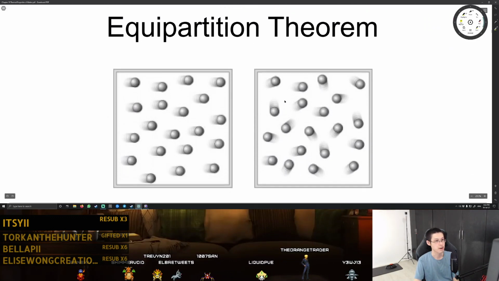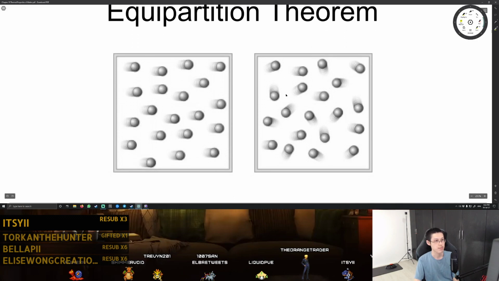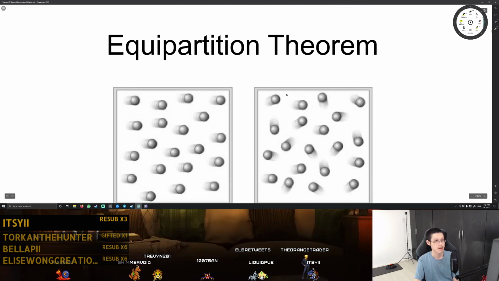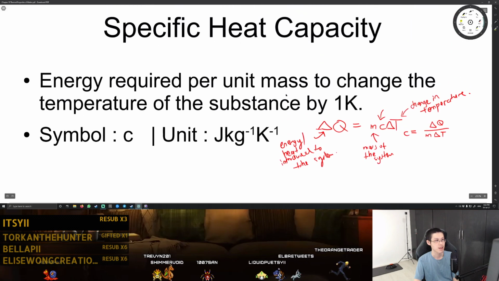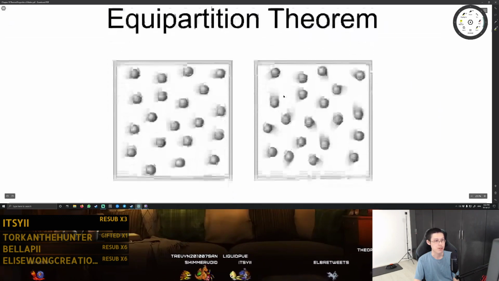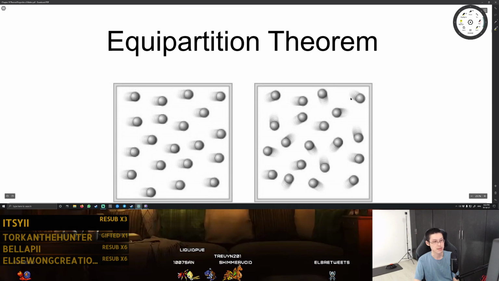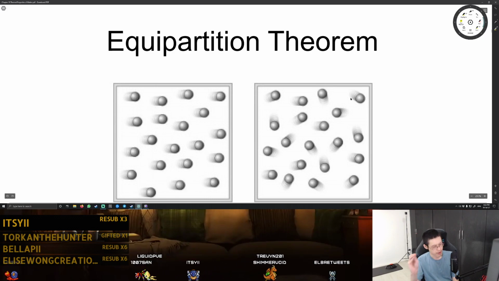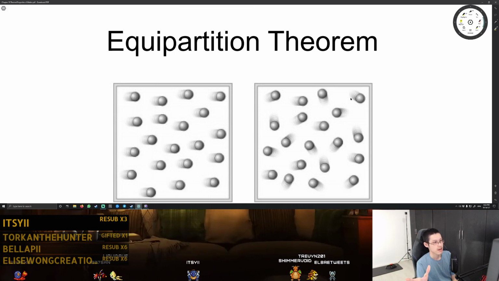So, the equipartition theorem. This one is not technically in your syllabus, but I'll just very briefly mention it because I think it's interesting to know.